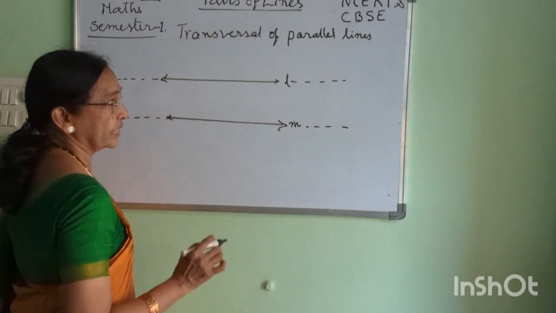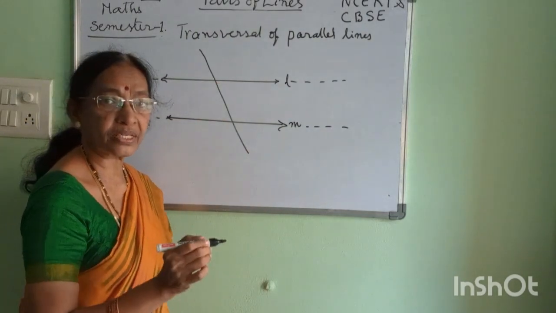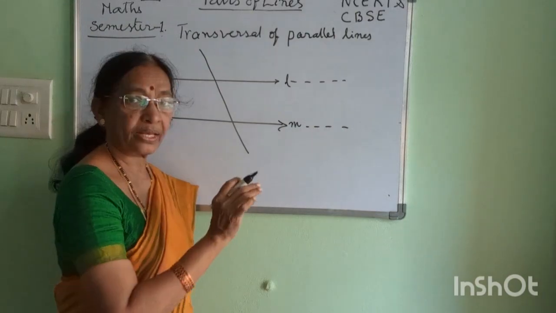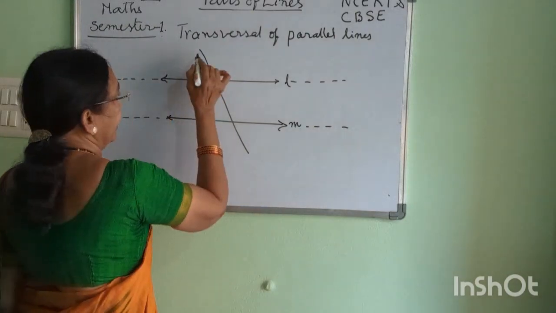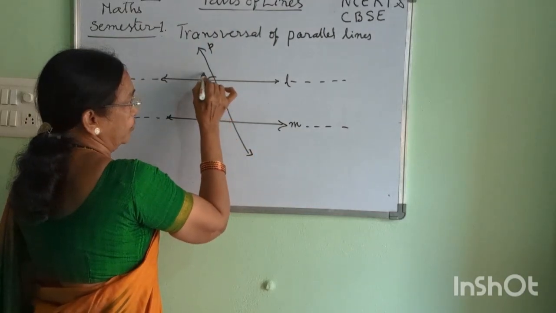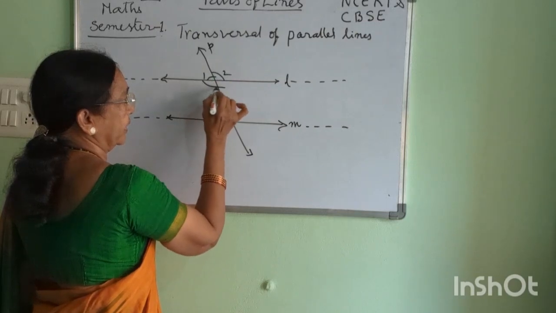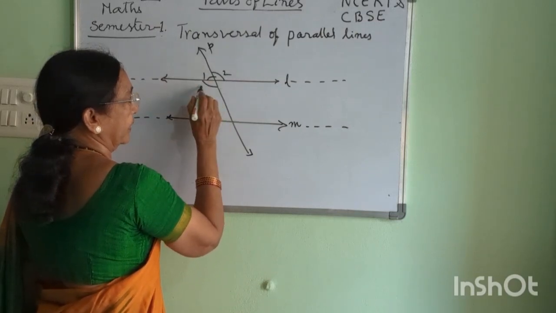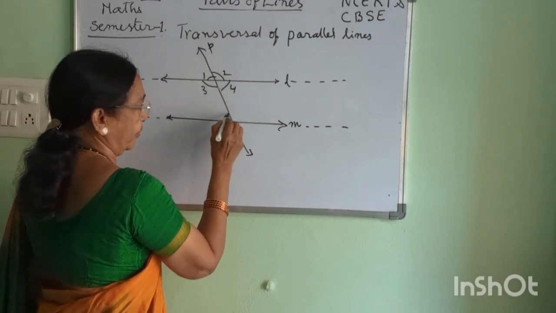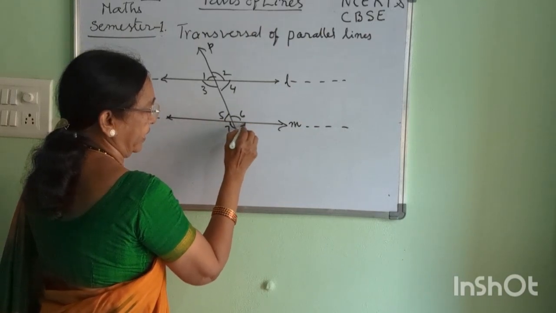So consider a set of parallel lines and a transversal, a line which intersects the two parallel lines at different points. Let P be the transversal. Then 8 angles are formed: angle 1, angle 2, angle 3, angle 4, 5, 6, 7, 8.